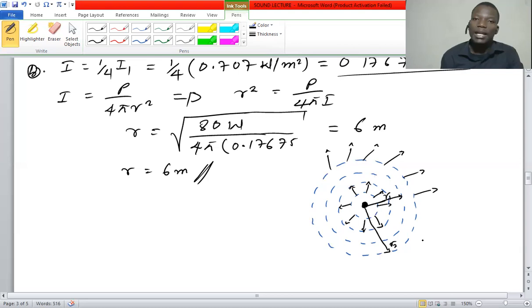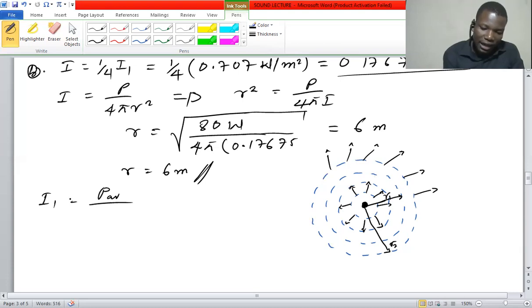If we are to write the intensities of these points on this spherical surface, for R1 we are going to have intensity 1 equal to the average power. We've said that the power is the same: energy produced or propagated is equal in all the directions.